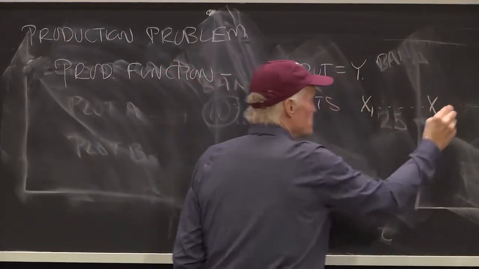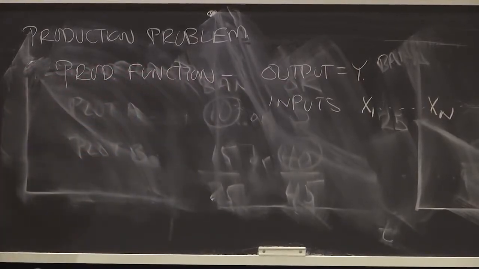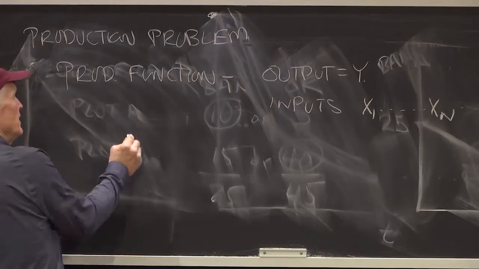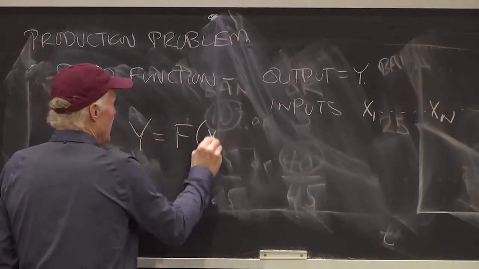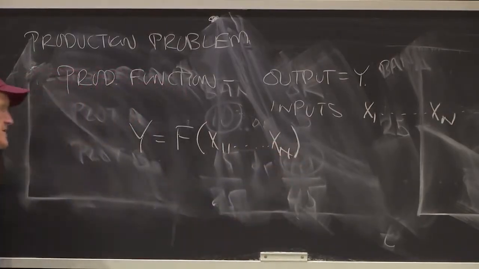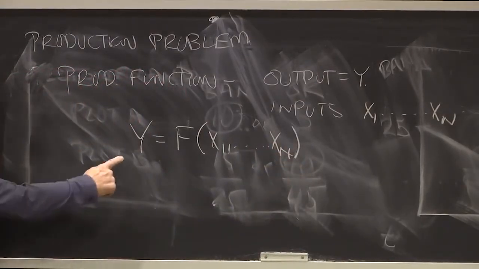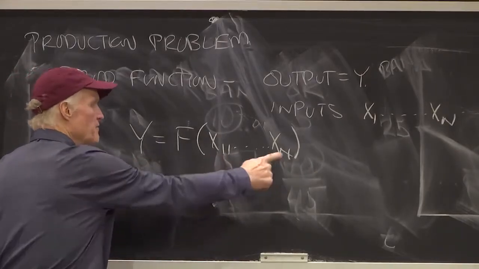So our inputs are kind of like our goods in our utility maximization problem. And we have y equals f of x1 up to xn. It simply says the amount of output I produce is a function of the amount of each of the inputs I put in.